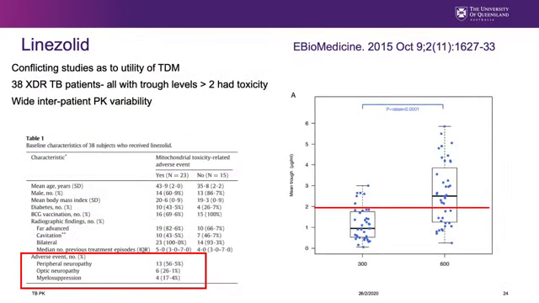Some studies have tried to look at therapeutic drug monitoring in this TB setting. So this was a group of patients from Colorado in America who had XDR TB and also Korea, and they found the main thing about this is the wide interpatient variability, or the wide PK variability. So the drug dose of 600 milligrams BD of linezolid has been devised for soft tissue infections with MRSA and the like.